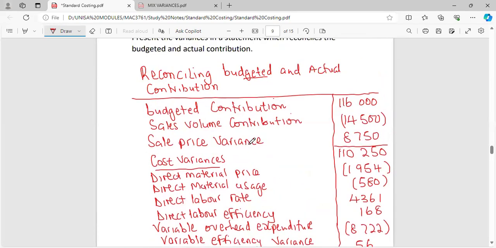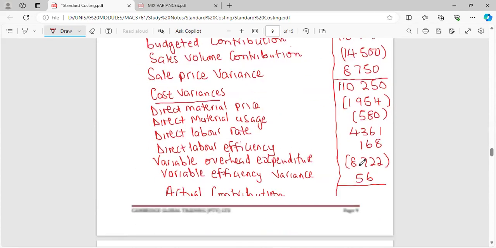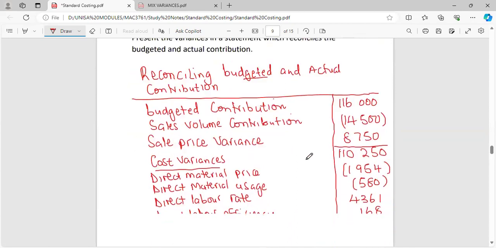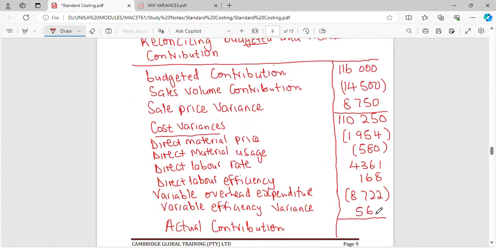So let us now have the actual contribution here. Remember, here we're trying to reconcile budgeted to actual contribution. The reason why we'll have a difference between the actual contribution and the budget is these variances.